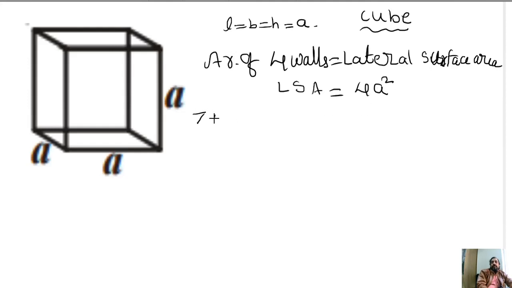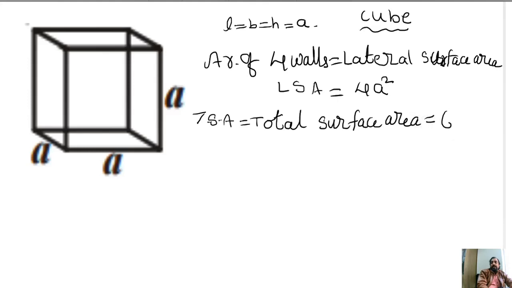Whereas TSA, total surface area, is nothing but 6a square. Now coming to volume. Volume is equal to a into a into a, length, breadth, height, so a cube.